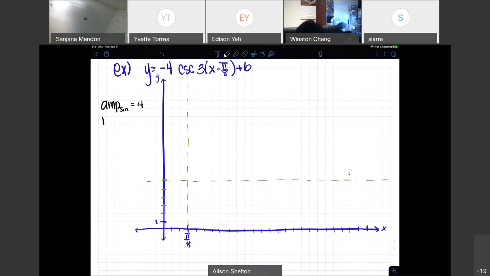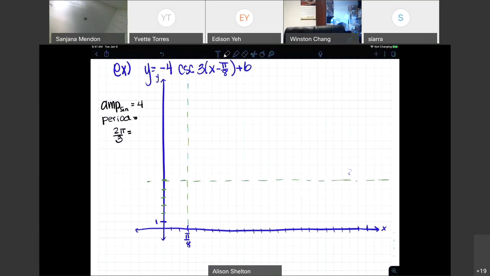Also, let's look at the period. The period is equal to 2 pi divided by 3. And this is why I had the 24 dots, because I know that 8 times 3 is 24.